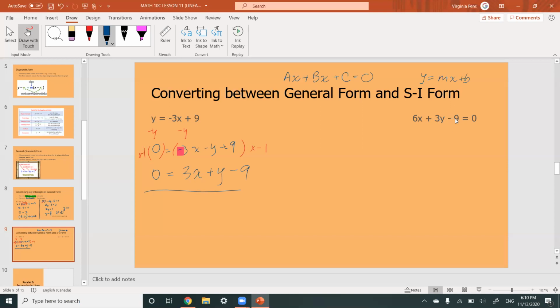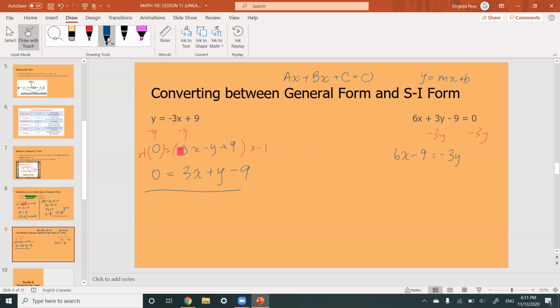So we have to bring them both over and then separate the 3. Or we can separate the 3 from them first and then bring the y over, but bad math. So let's subtract 3y from both sides, which gives us 6x minus 9 is equal to -3y.